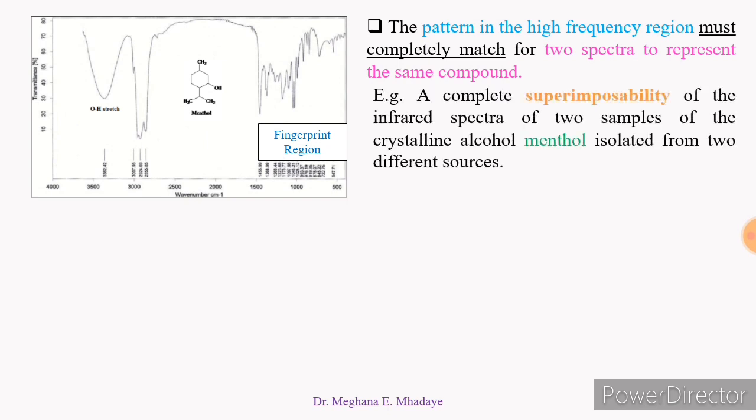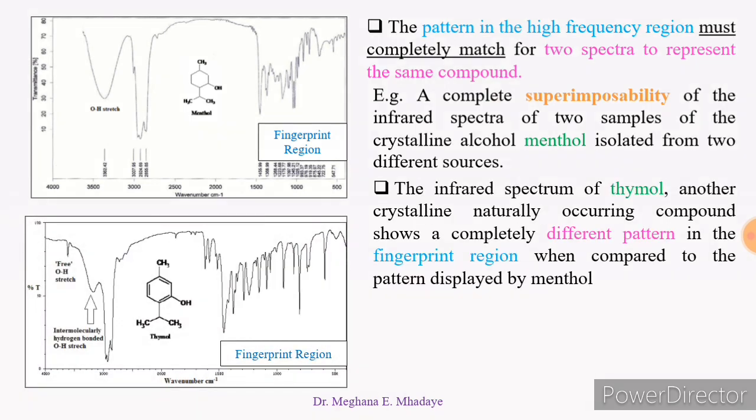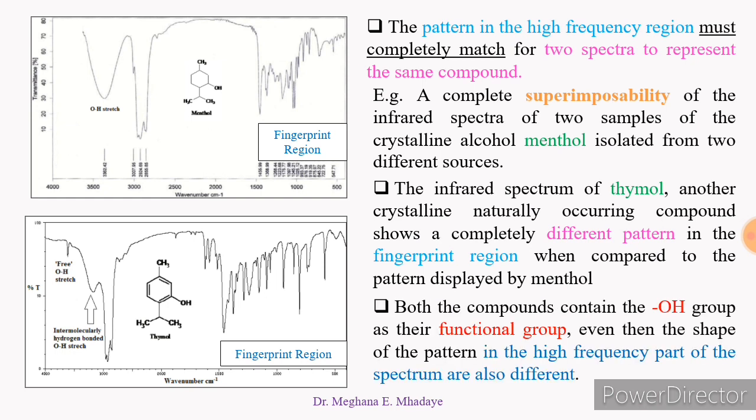For example, there is complete superimposability of the infrared spectra of two samples of the crystalline alcohol menthol isolated from two different sources. Now take the infrared spectrum of thymol, another crystalline naturally occurring compound. It shows a completely different pattern in the fingerprint region when compared to the pattern displayed by menthol.